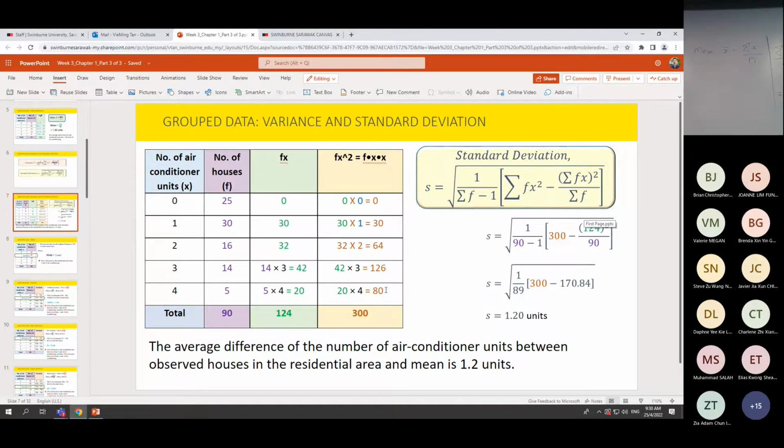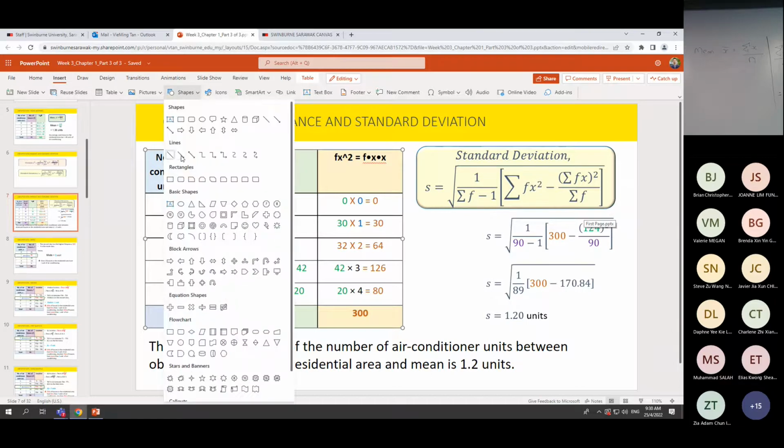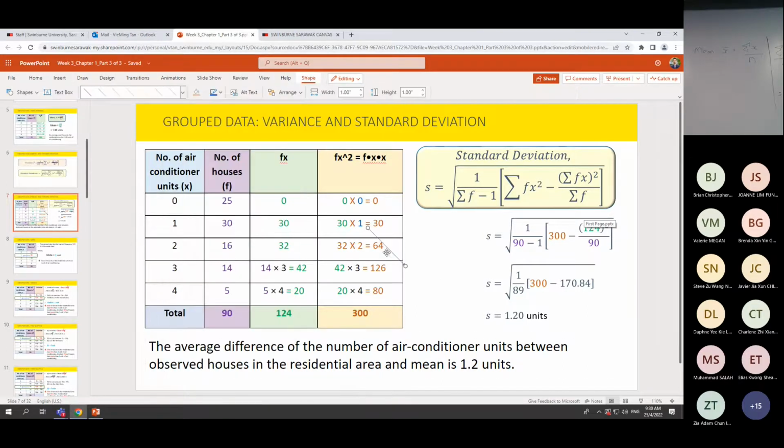How to get the answer here? This is the answer, get it from here. So total fx squared is substituted to this part.